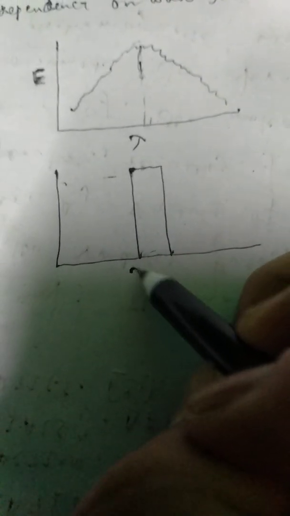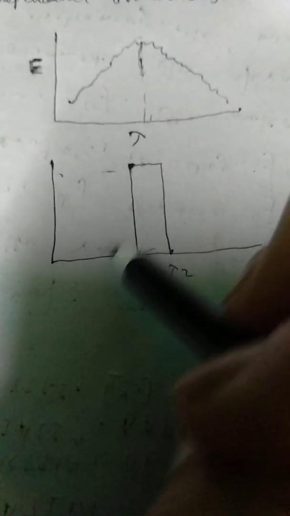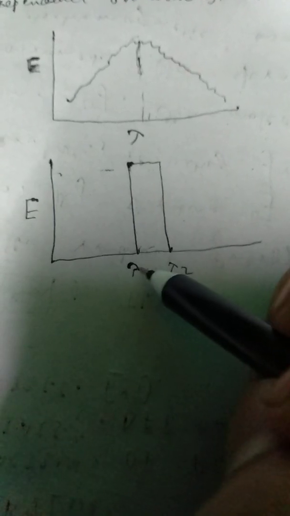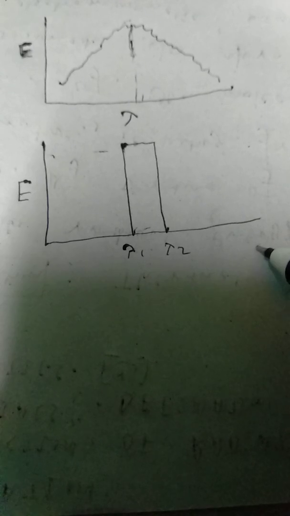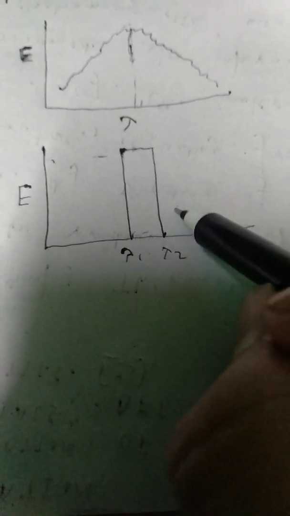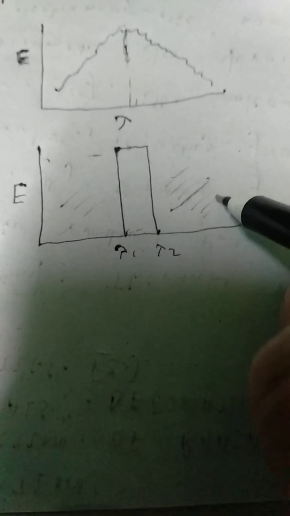Between the wavelengths lambda 1 and lambda 2 it has a particular value, and for wavelengths less than lambda 1 and greater than lambda 2 the emissive power will be zero.